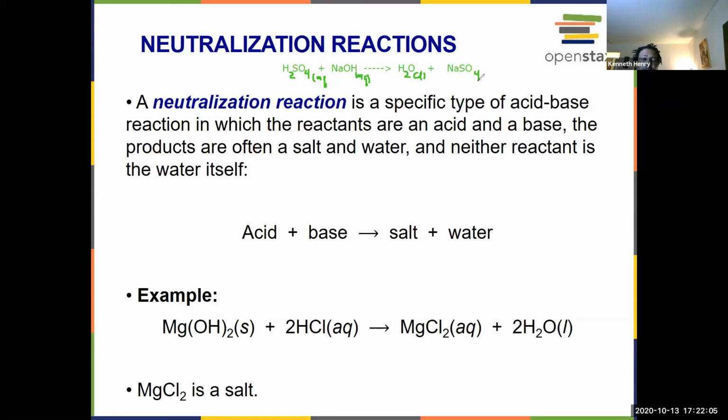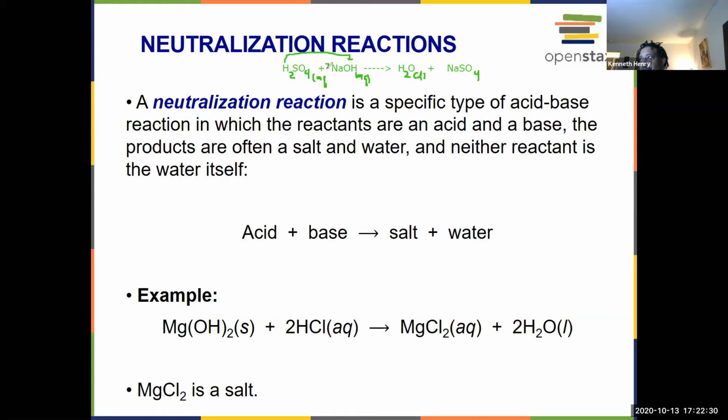Okay, so for instance, if we have sulfuric acid and sodium hydroxide, all you're doing is, again, it's like whether you look at it like this or not, you're changing partners. The hydrogen is acting like an ion, so it's like an H+. So that's going to pair up with the hydroxide.